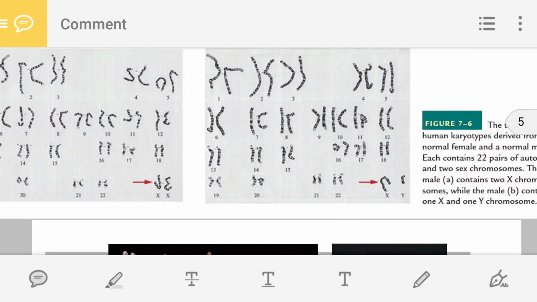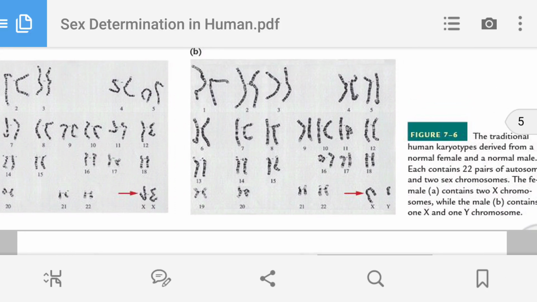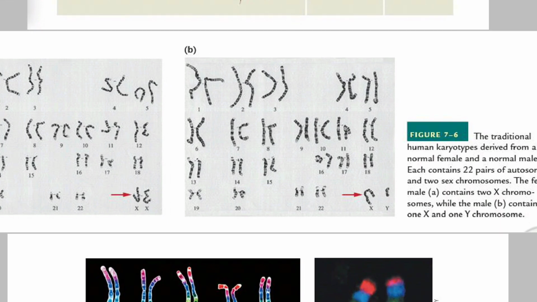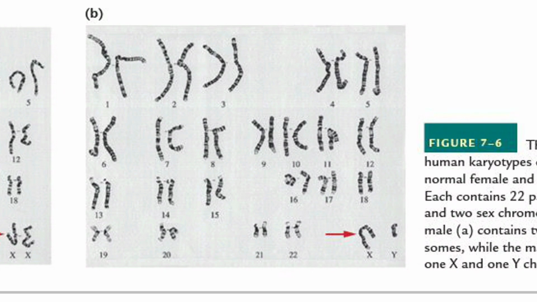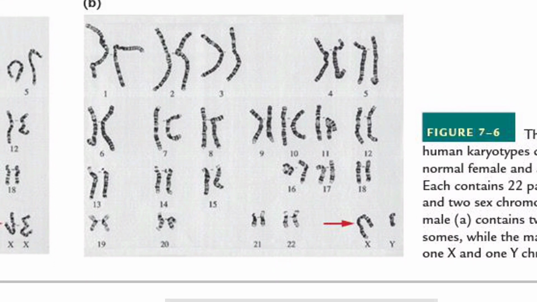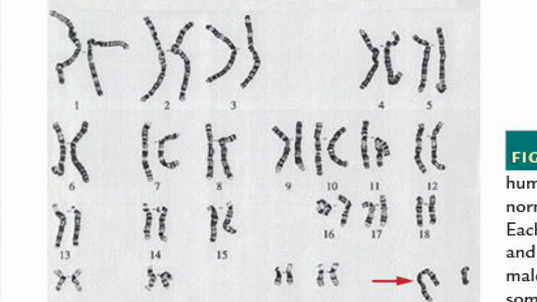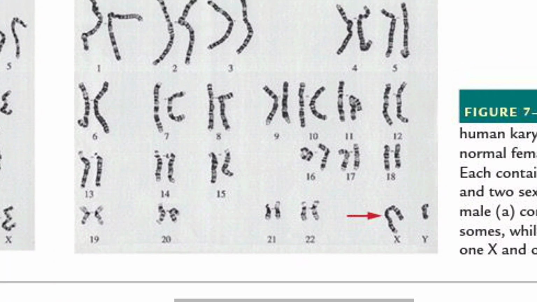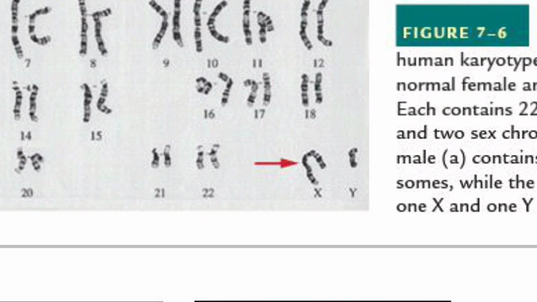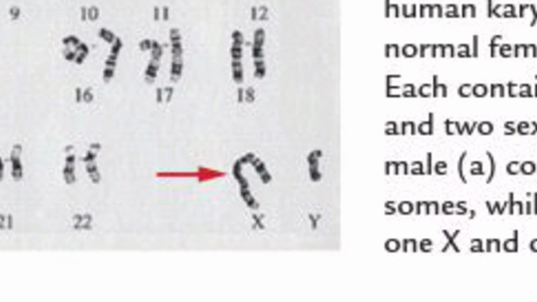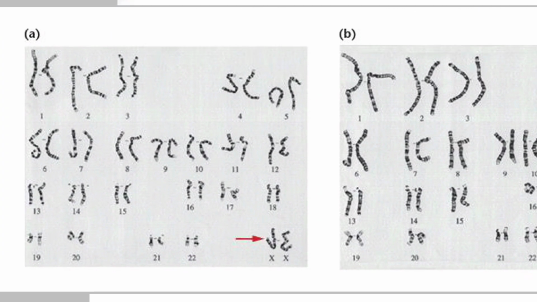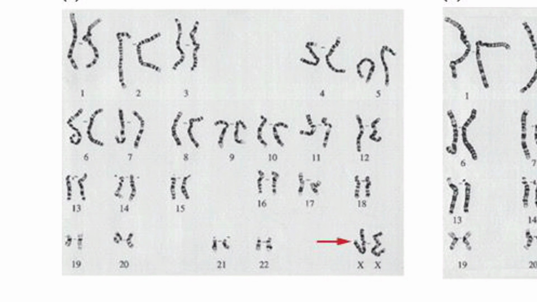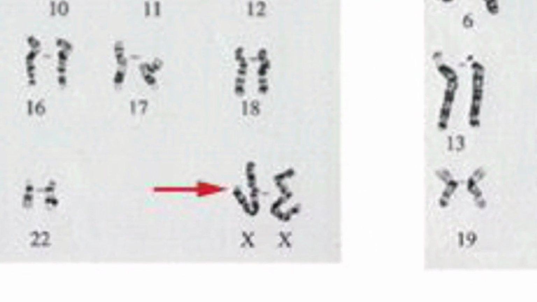So now I am showing you the karyotype of men, for example, in this figure. This is the karyotype of men. As you can see, this is 1, 2, 3, 4, 5. Numbering is given to all the pairs, and the last, in men, X and Y chromosomes are present. And in case of female, in the last pair there is XX chromosome.